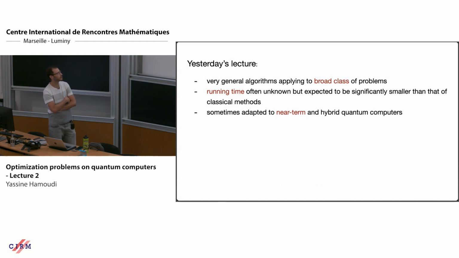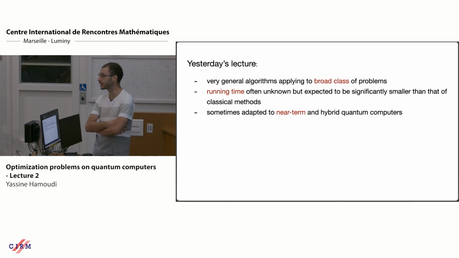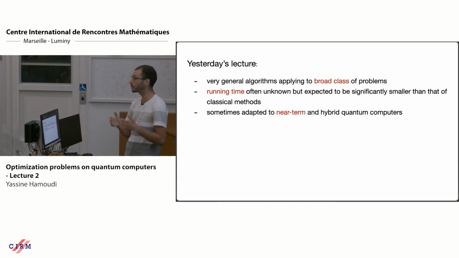A second property of most algorithms that we saw yesterday was that the running time was often unknown, but we were expecting that it would be significantly smaller than the best known classical optimization method. People expect that you could achieve maybe exponential speedup using the adiabatic theorem and so on and so forth, but this is complicated to prove.